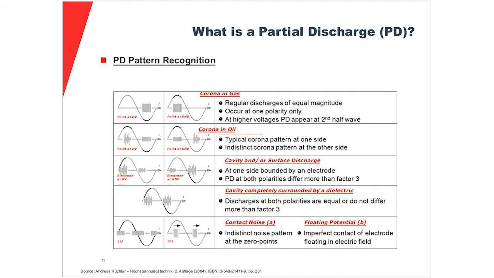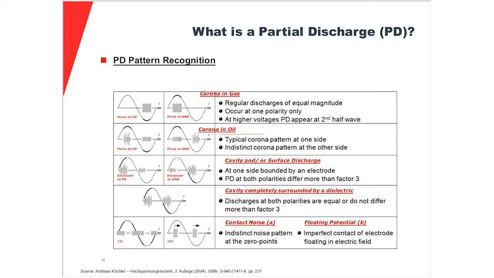Now, how do we detect partial discharge? If you have an ideal insulation without any partial discharge, you would have just a pure, nice sinusoidal wave without any peaks. So that would be a measurement without the appearance of any partial discharge.